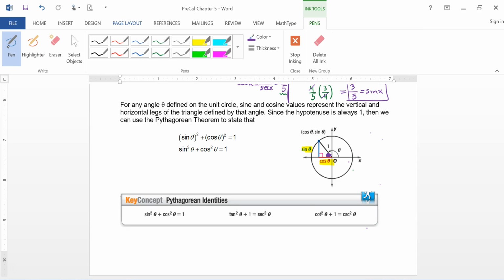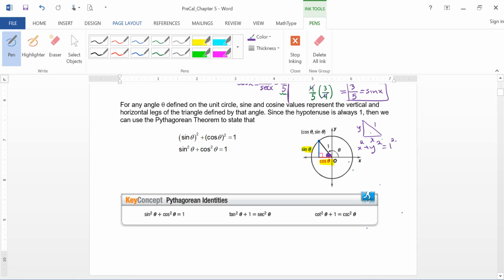So, okay. Now this is a right triangle, right? If you have a right triangle, what does the Pythagorean theorem say? Right. In this case, the horizontal is x, vertical is y, and the hypotenuse is 1. So the Pythagorean theorem would say x squared plus y squared equals 1 squared, or 1.